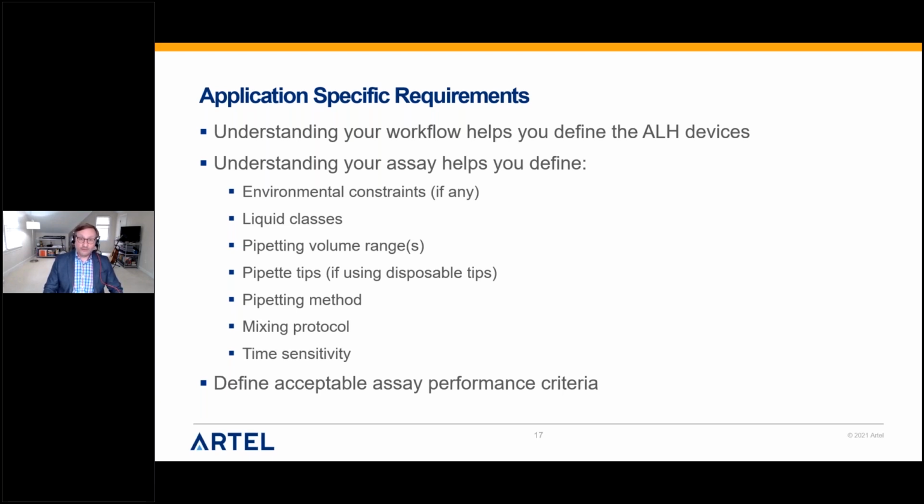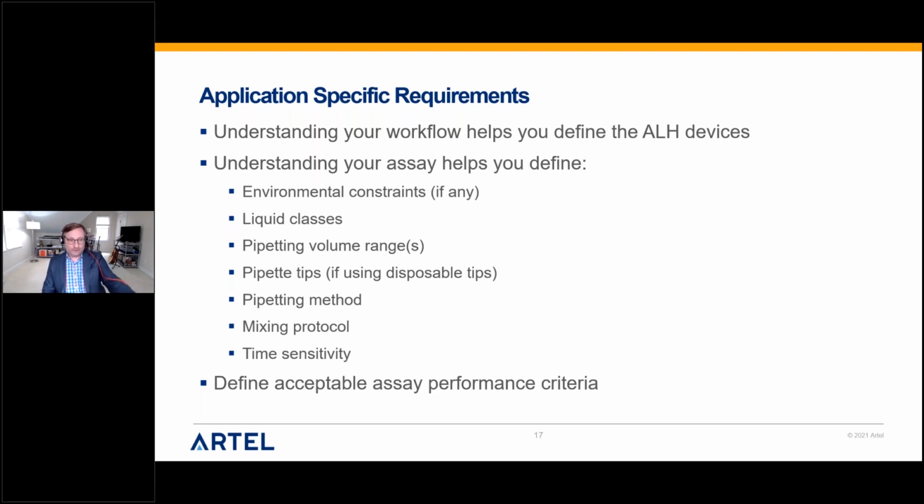And if you understand your assay, you can start to pick out your environmental constraints, if any. So if I know I'm working with a particular assay that's sensitive to light, I need to consider that. If I am working with an assay that's got viscous solutions or volatile organics or aqueous or protein-based solutions, I need to consider different liquid classes and the ability to change some of those.